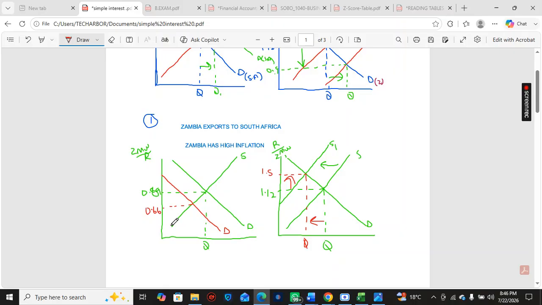Yes. So here, as we can see, when supply of a currency drops, it appreciates. When the demand for a currency drops, it depreciates. Any questions?